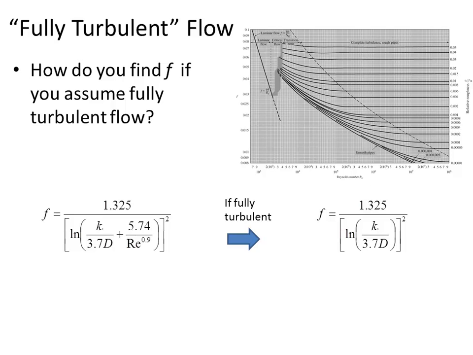So we wouldn't necessarily have to go to the graph like we did, but you could calculate the F value by the relative roughness and what's left of the Jain equation once you ignore Reynolds number.